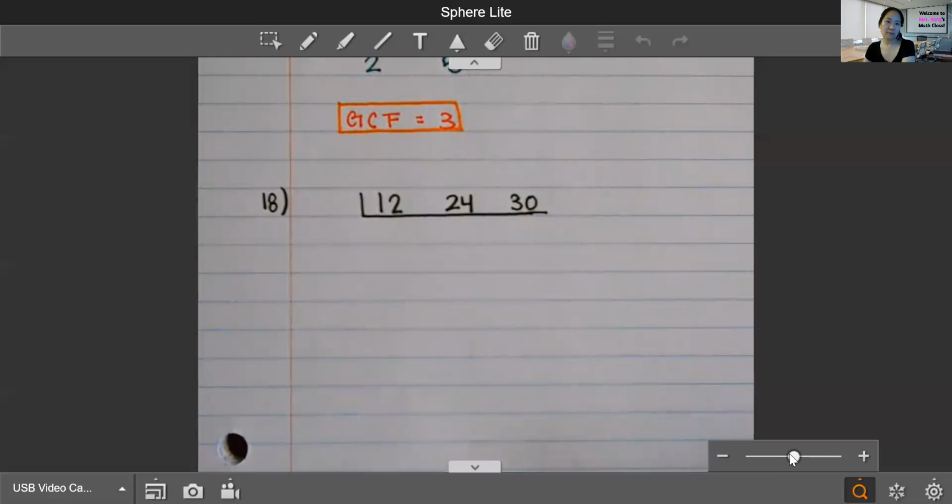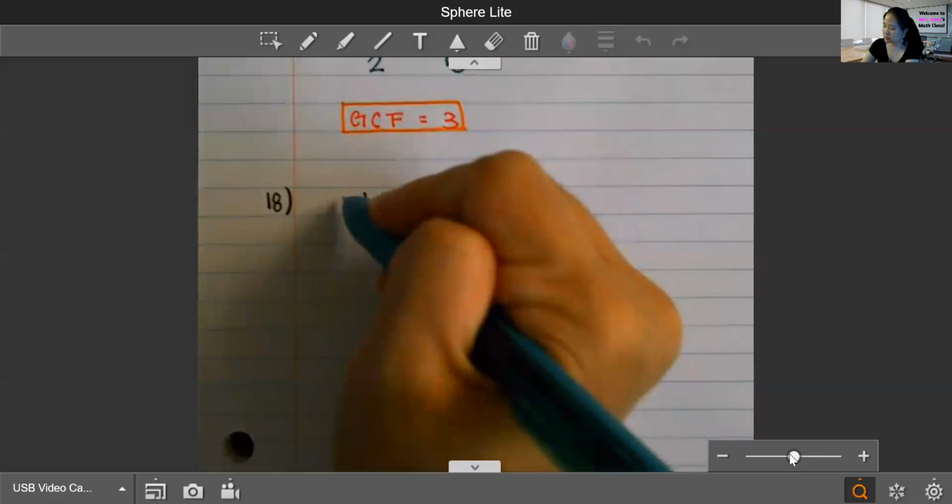I'm looking at the numbers and I can see that also 3 would work. But 4 wouldn't work because 4 goes into 12 and 24, but it does not go into 30. 5 wouldn't work. 6 would work, right? 6 goes into 12, 24, and 30. Okay, so you can really divide by any of those numbers, but let me try dividing by 2.